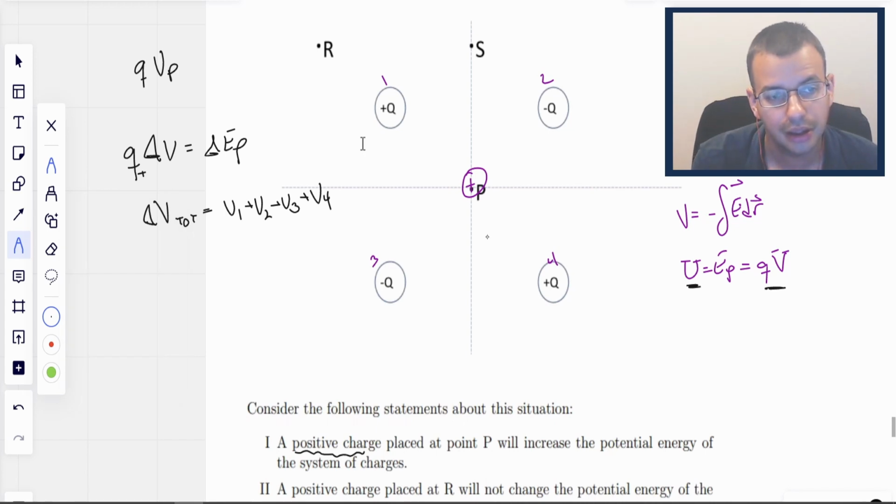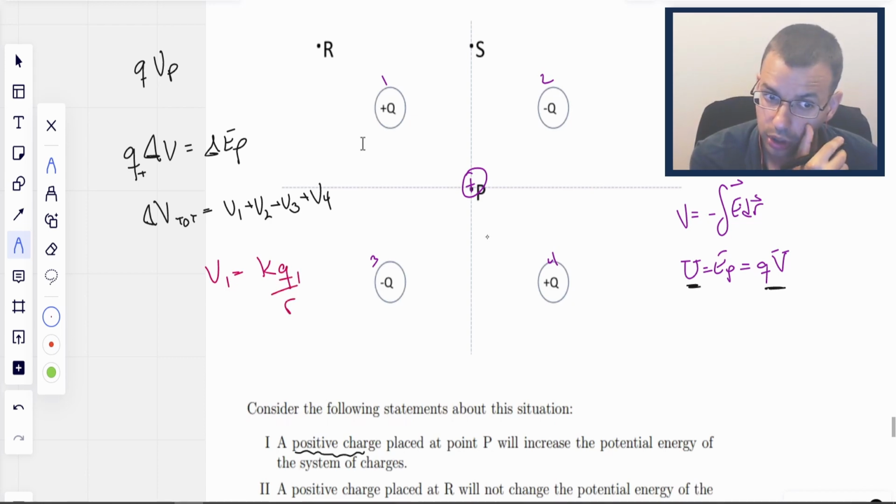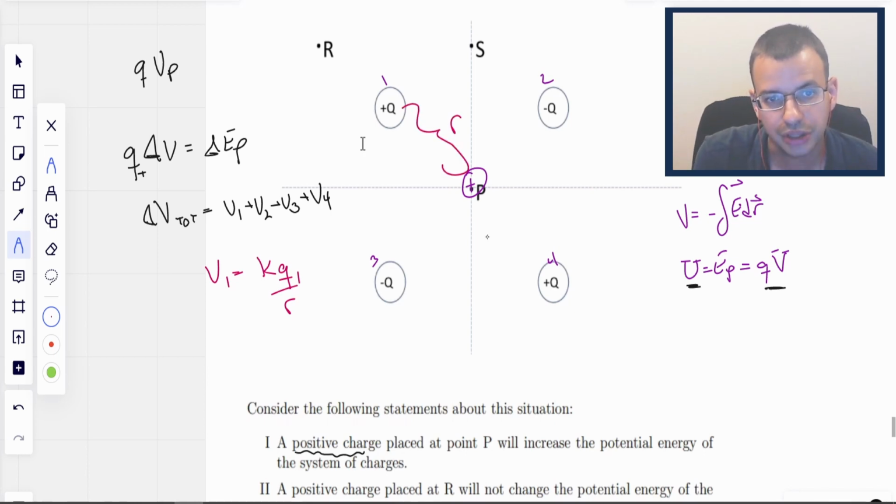V1 is going to be, since it's a point charge, K Q1 over R, where R is the distance from the point. In this case, it's going to be right there. I'm going to call that R. And now, the nice thing about voltage is that it's a scalar, not a vector. So we don't even have to have a direction with this.